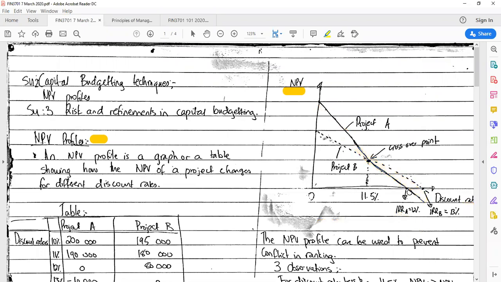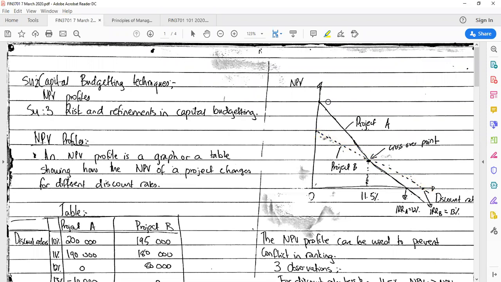And on the same diagram, we also have this dotted line. This dotted line is showing the NPV for project B. And it's telling us that as we increase our discount rate, which is shown on the x-axis, the NPV of the project is going down.